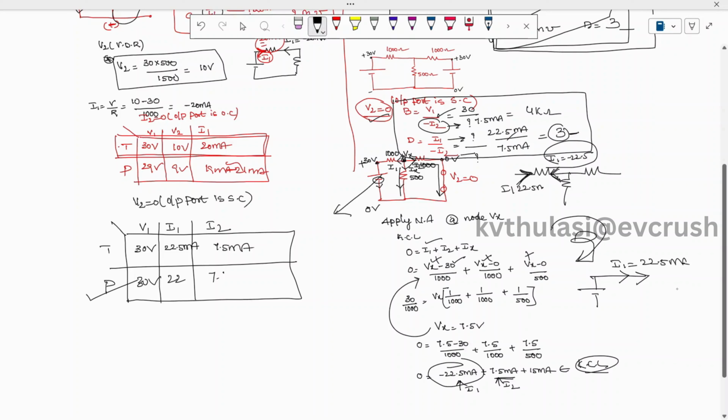So here I1 is 22.5. So when this is flowing in this direction, this is positive. When it flows in opposite direction, this is minus 22.5. So both are same, but the direction of current is reversed. It's very simple to understand. If you solve more problems, you'll get more confident. Okay. Hope we successfully solved the problem and found the values of ABCD.